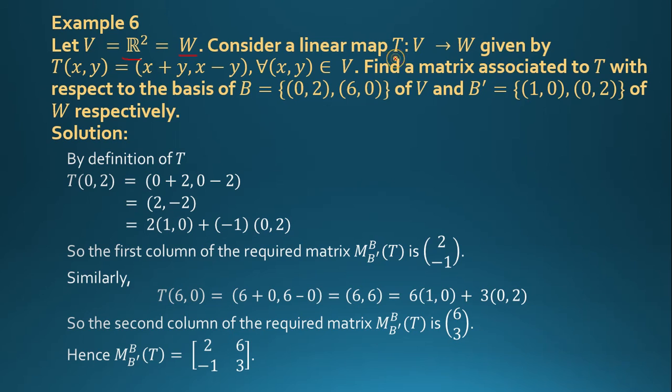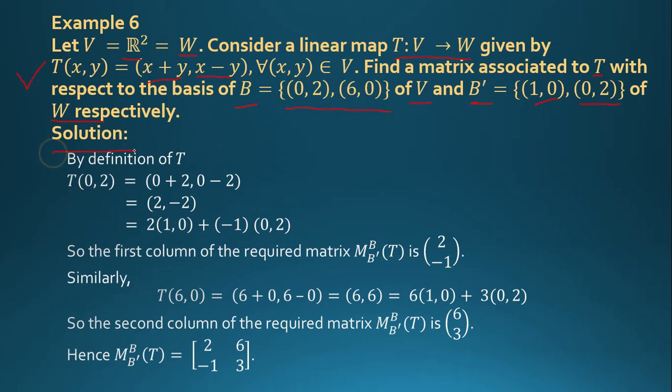Consider a linear map T from V to W. The linear map is given by the definition T of (x, y) is equal to (x plus y, x minus y), addition of both components and subtraction of both components, for every (x, y) belongs to V. Then find the matrix associated to T with respect to the basis B is equal to (0, 2) and (6, 0) of V, and B dash, second basis (1, 0) and (0, 2) of W respectively.